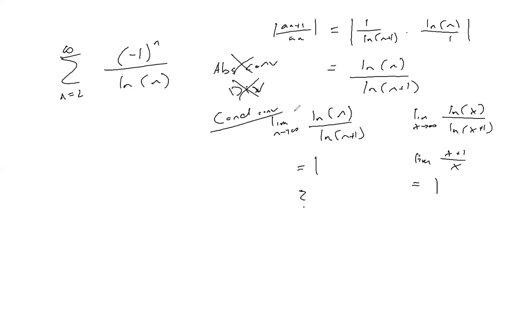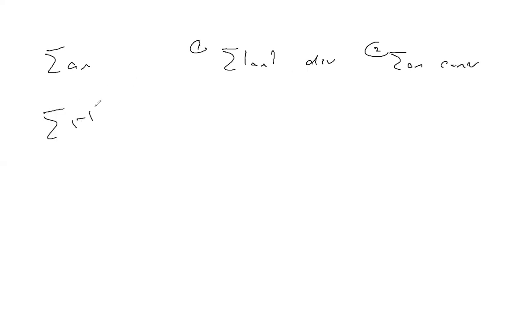Now, how do I show this? Let's go to a new slide. Remember the definition of conditionally convergent. When we're looking at a series a_n, it's conditionally convergent if two things happen: the series of absolute values is divergent and the original series is convergent. So I need to show these two things.